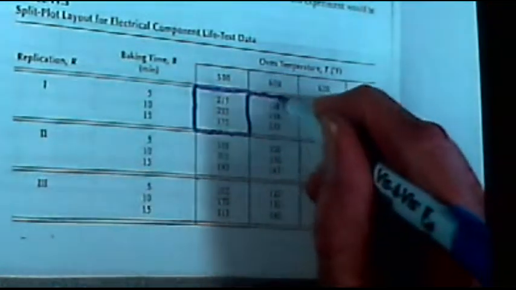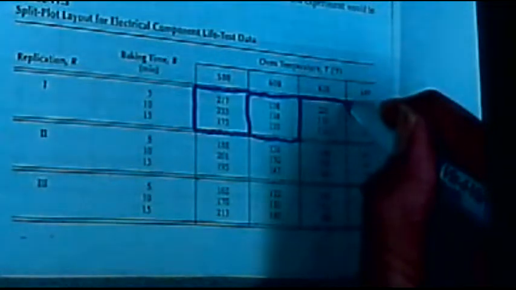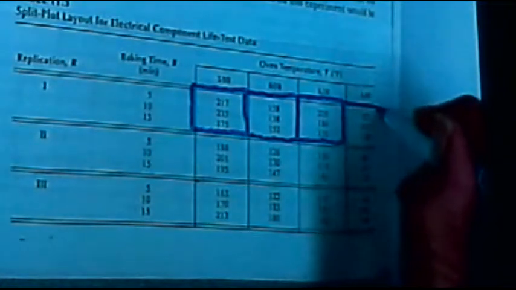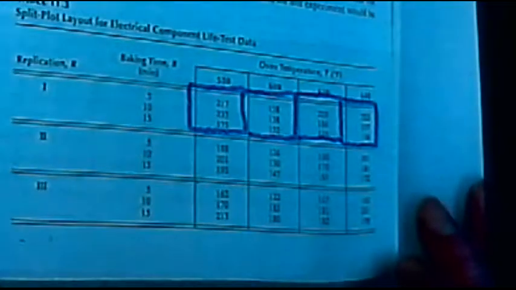Here's the second whole plot. Here's a third whole plot. And finally a fourth whole plot. So those are the whole plots in this layout.